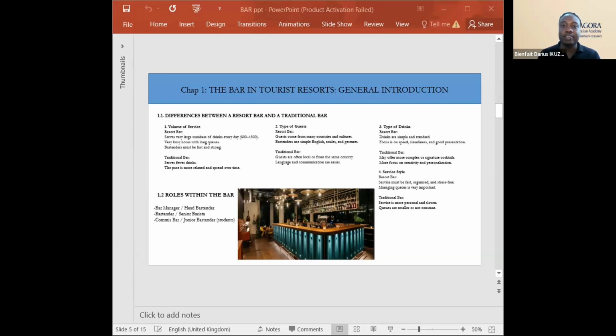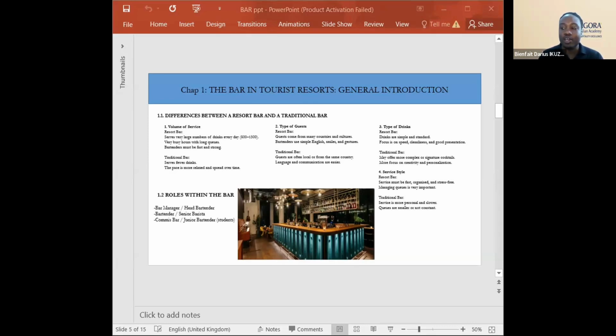So what is really done in each role here? The bar manager, also known as the head bartender, manages shifts. They coordinate the shifts and say, okay, you, Concord, will work on Monday in the morning, and another one, Mikel, will work on Tuesday. So they prepare the shifts and schedules of everyone who is working, and they supply orders.